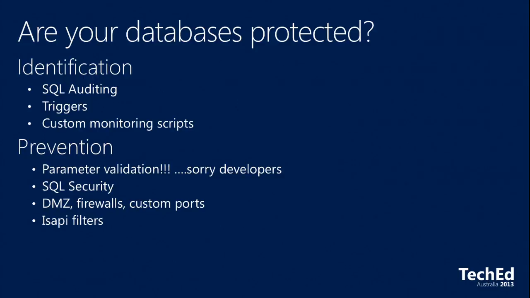So there's a few different ways, but if there's anyone with developer interest in the room, that's really where a lot of the buck stops, because of validation of the parameters. There are a lot of new frameworks that have come out which prevent this from happening, but certainly anyone that has any sort of dealings with the database and wants to protect that data, this is something to be aware of.